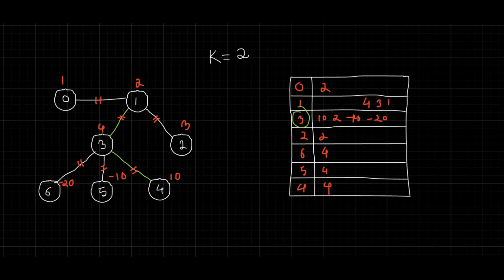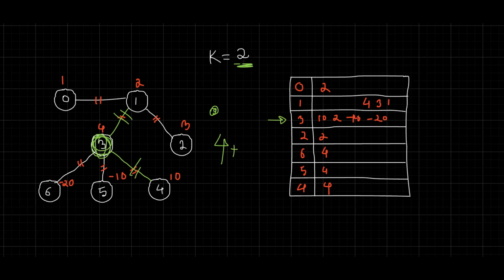So now, suppose for this node 3, we can choose two of the edges. So if we choose this edge and this edge for this node 3, node 3 is still an element of this path. So what is the value of the node 3? It will be 4.